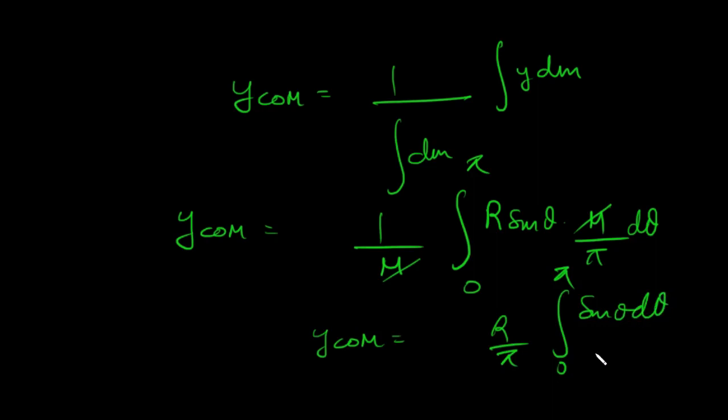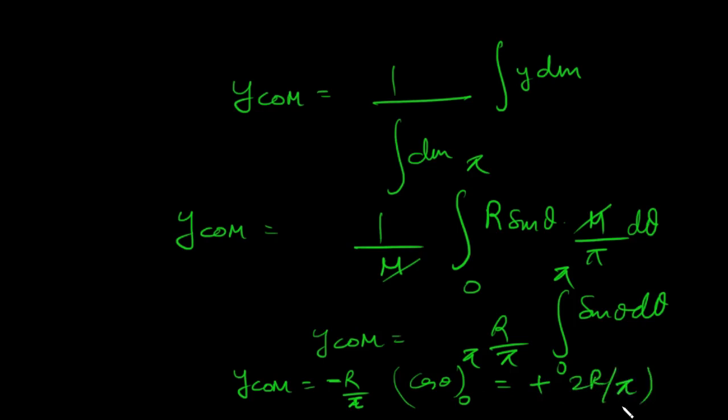And obviously, sin theta d theta integrates to minus cos theta, because differential of cos is minus sin. So we get y com equal to r divided by pi times minus cos theta, going from 0 to pi. Cos pi is minus 1. Minus of cos 0 is 1, so minus minus gets minus 2, and minus is outside, so plus 2r by pi. So this is y com.